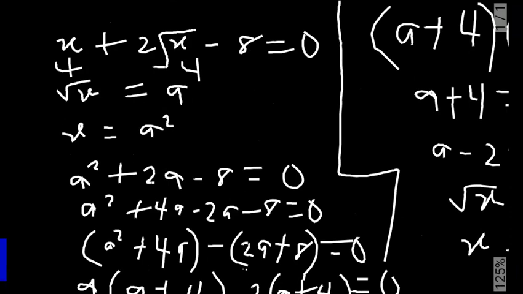If we substitute 16, we have 16 plus 2 root 16 minus 8 equal to 0. Root 16 is 4, so we have 16 plus 8 minus 8 equal to 0. 16 plus 8 minus 8 is 16, which is not equal to 0.